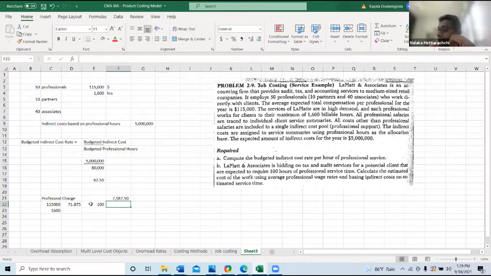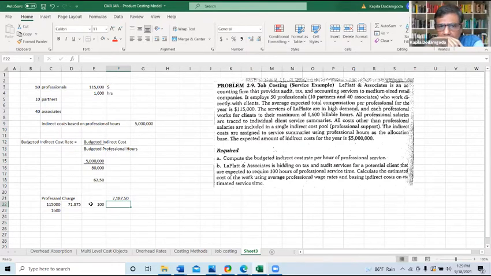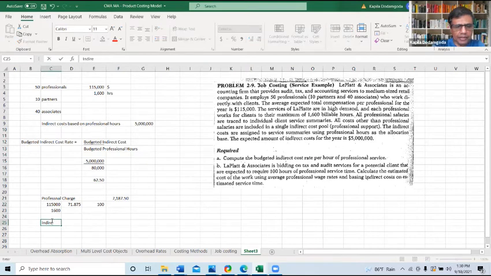And then what you will have is the indirect cost, per hour overhead cost multiplied by 100. So that is 62.5 multiplied by 100. Exactly.